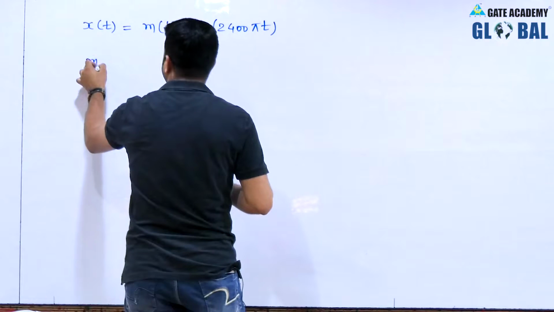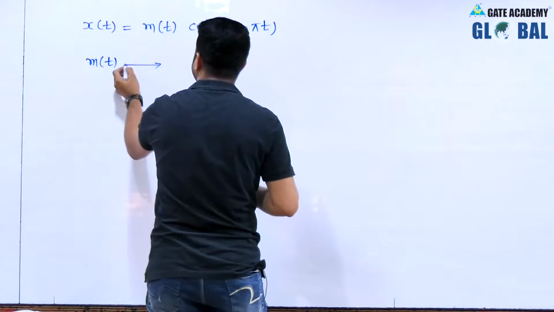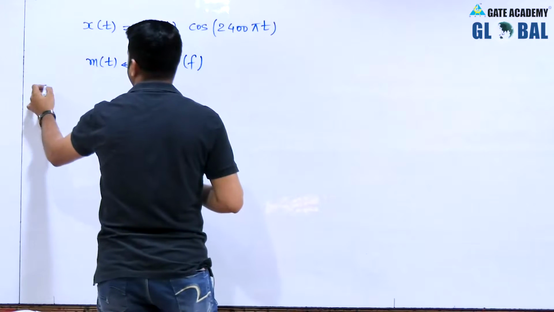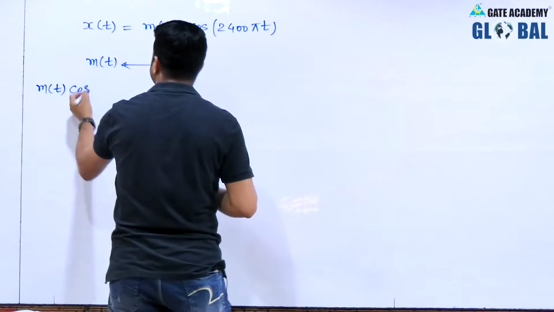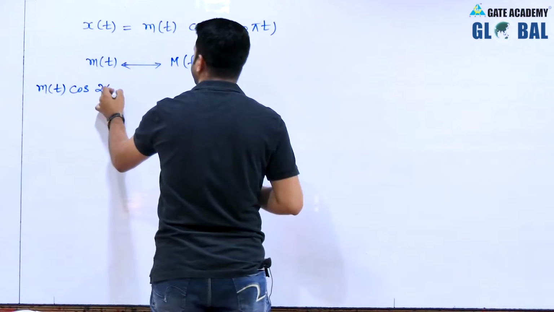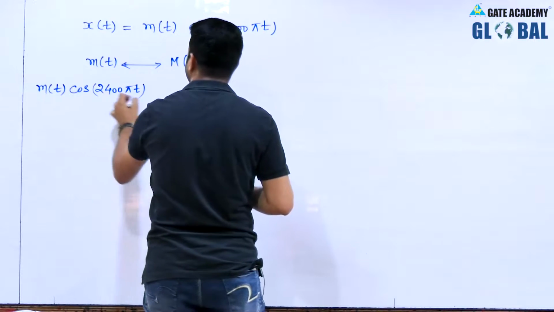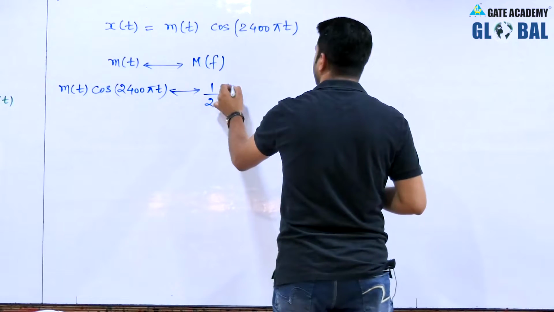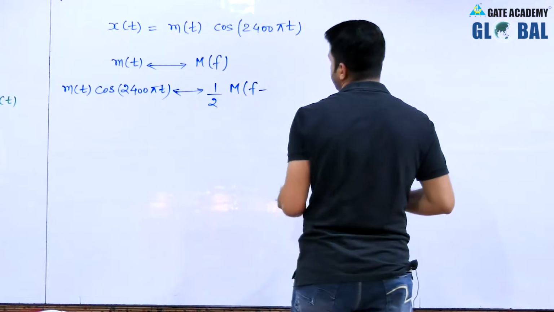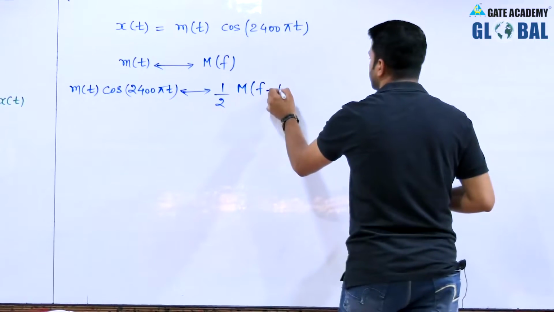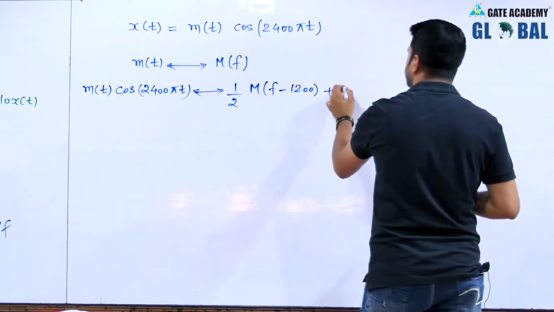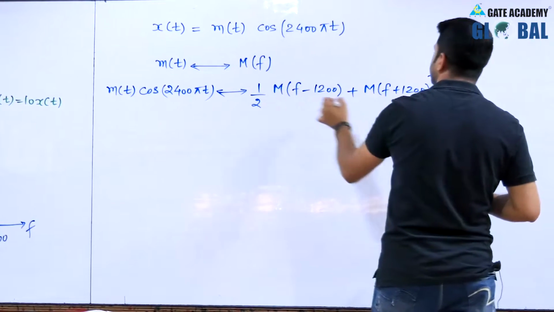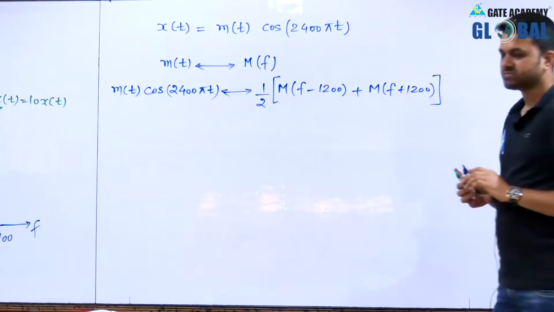We know that if m(t) has Fourier transform M(f), which we have assumed, then m(t) cos 2400 pi t will have the Fourier transform one half of M(f minus 1200) plus M(f plus 1200). This will be the spectrum of x(t).